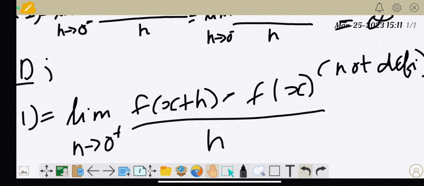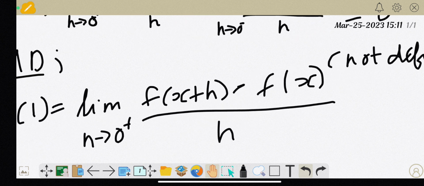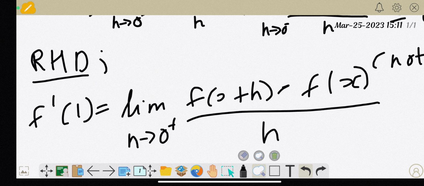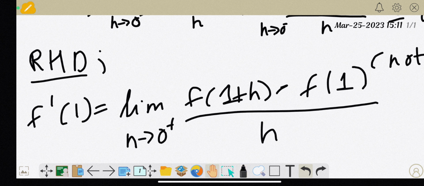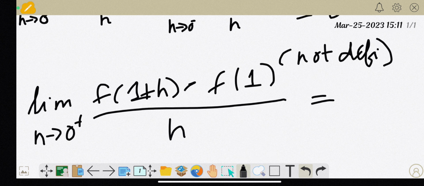Now see, it shouldn't be x. Wherever you have x, you have to replace it by 1. So now we know the f of 1 value, so this value is equal to 1.